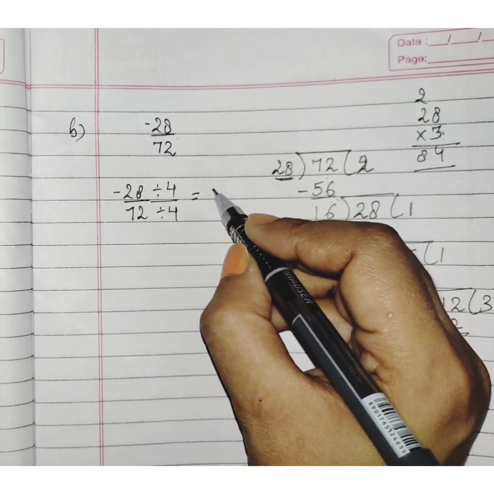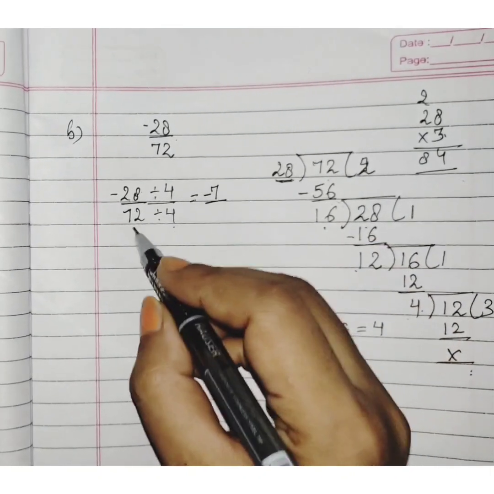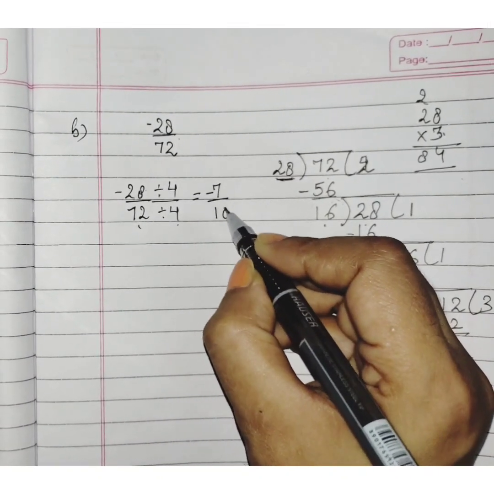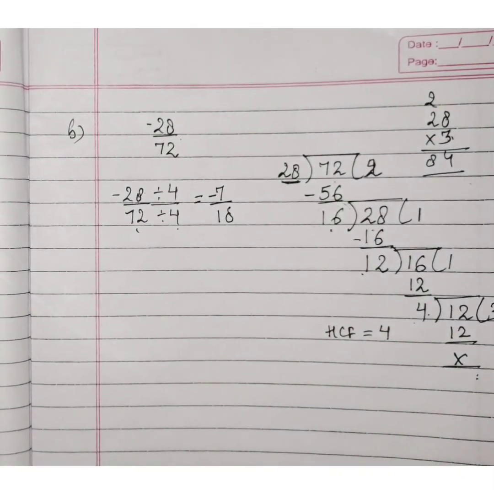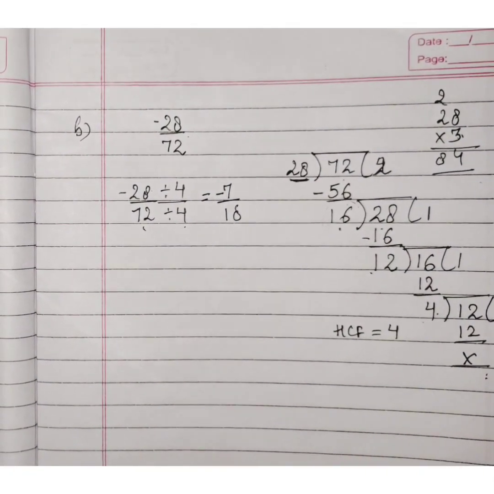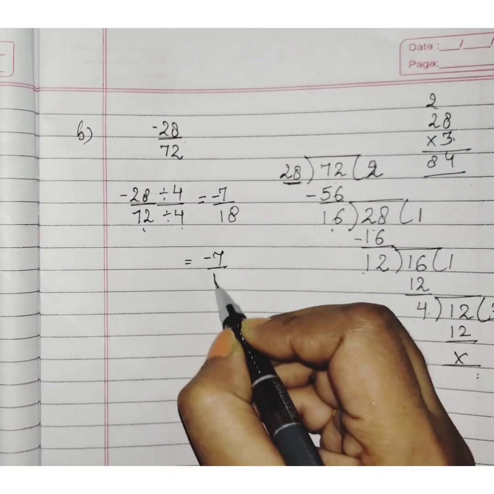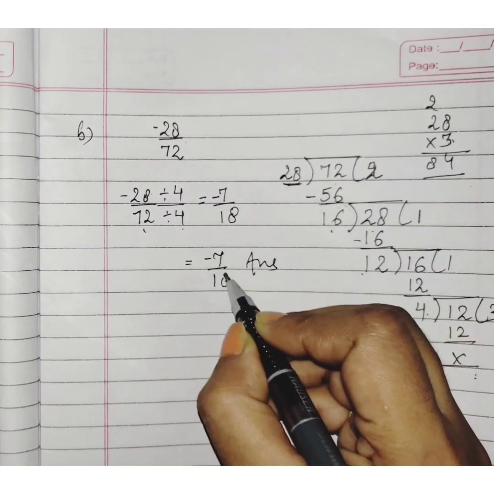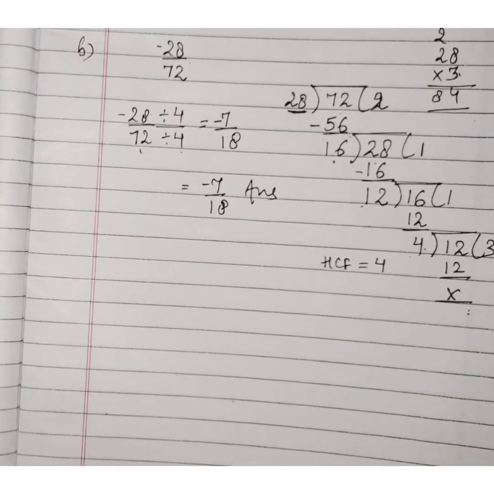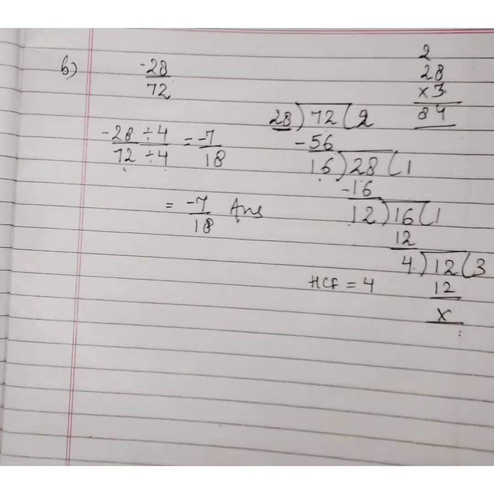What will you get? 4 7s are 28. 4 1s are 4. 4 8s are 32. So 18. So your answer will be minus 7 upon 18. Clear? How we got this answer? If you have any doubt, then you can tell me, okay?